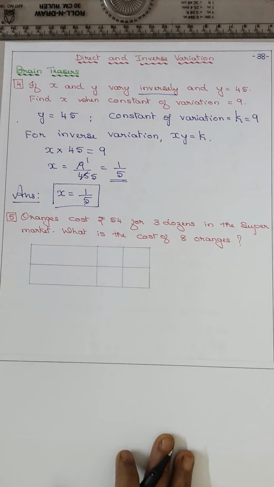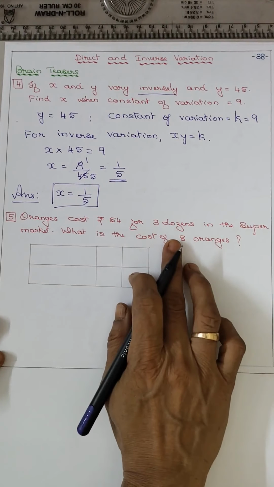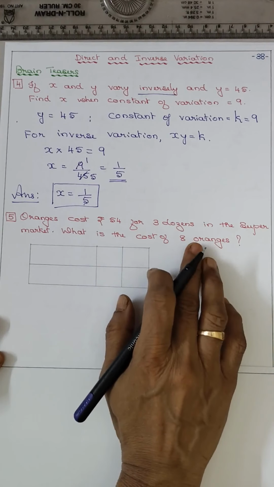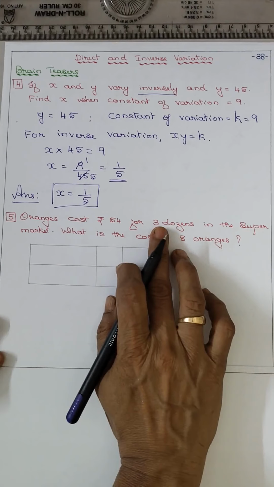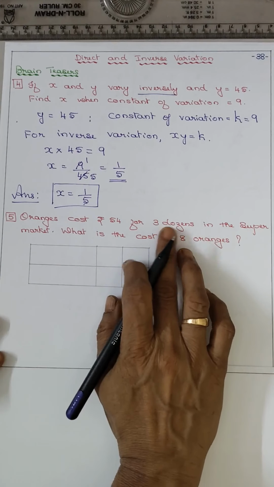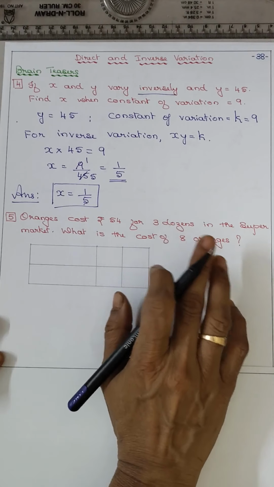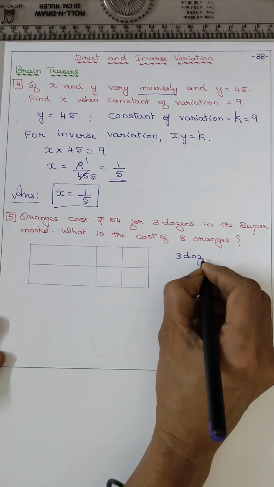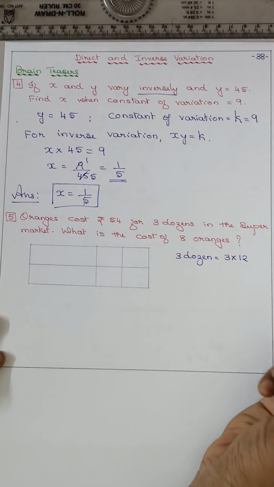Now coming to the fifth sum, the oranges cost rupees 54 for 3 dozens in the supermarket, what is the cost of 8 oranges? See, oranges here, it's given in dozen, here in number. So, convert dozen into number. So, 3 dozen is equal to 3 into 12.